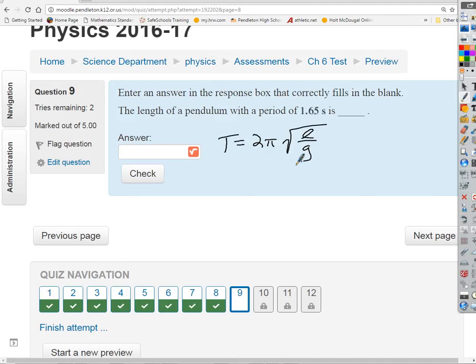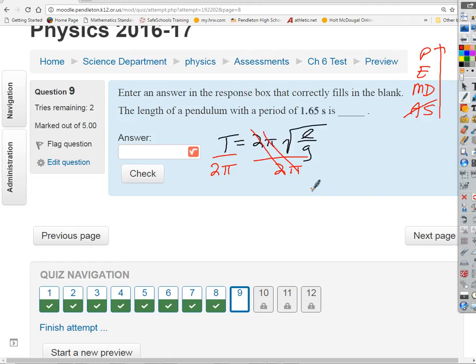So what are the things we do to get the L by itself? First we're just reversing the order of operations. So quick review. That's how we isolate. We divide each side through by 2 pi. That stuff cancels.